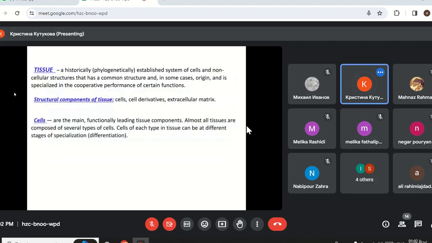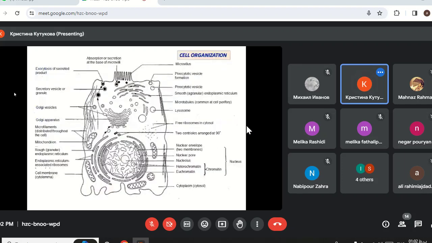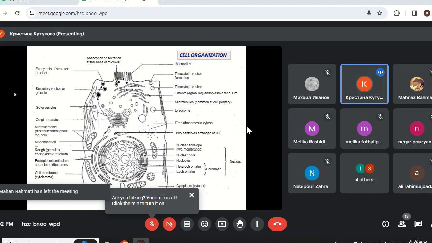the cell. So, as you remember, the cell is a part of a tissue. Tissue is composed of cells and extracellular matrix. And here in this picture you can see overall total description of cell organization. In this picture you can see all the organelles that can be found inside some cell.